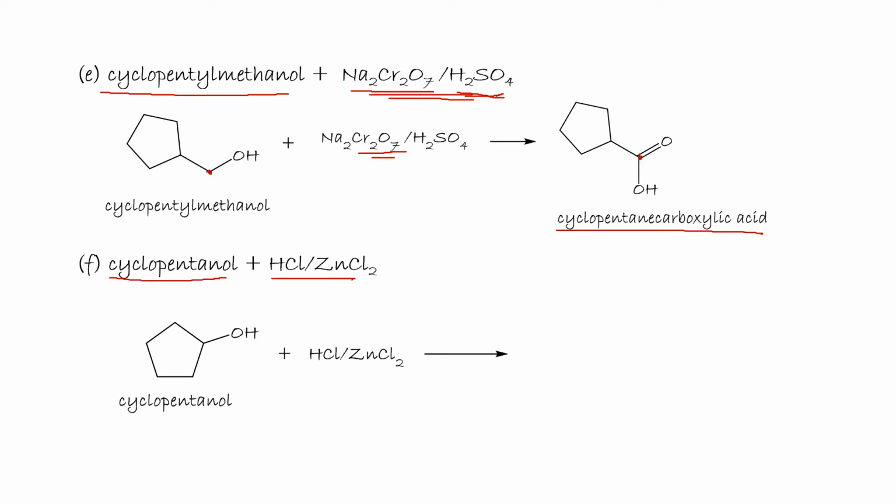Cyclopentanol with HCl and zinc chloride. This alcohol is a secondary alcohol, so with HCl and zinc chloride catalyst, this reaction will lead to the formation of chlorocyclopentane.